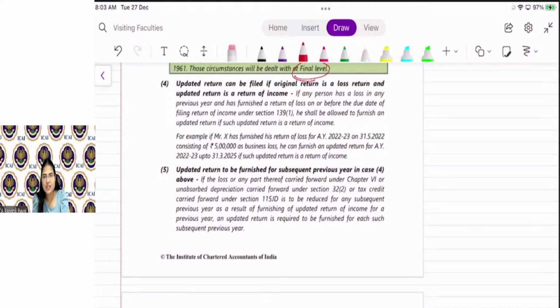He can furnish an updated return for assessment year 22-23 up to 31st March 2025, if such updated return is a return of income. In original return, he has loss. Now, he can file updated return if the original return of loss will result in income in updated return. Clear, everyone?